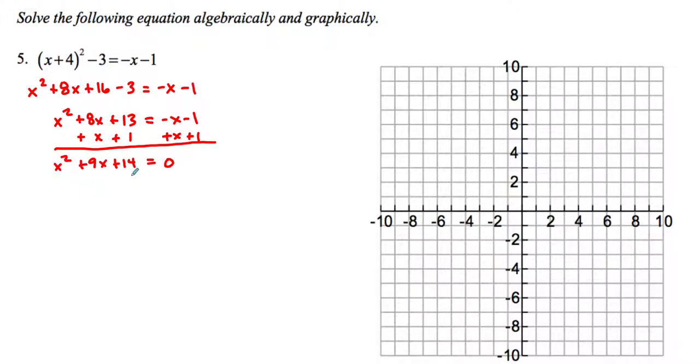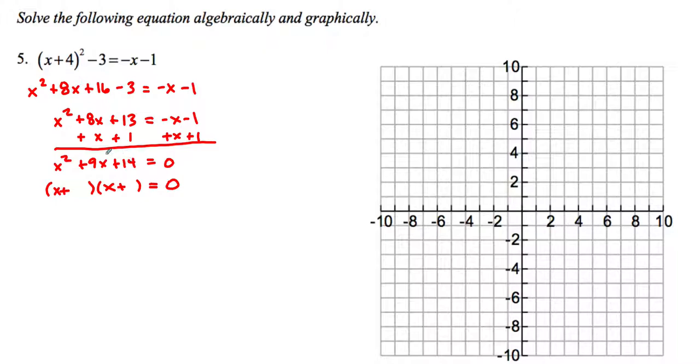We're going to look at this trinomial here. There are no common factors in it, so we're going to look to see if it factors into two binomials. So I'm going to set those up. This is an easier one because there's no coefficient in front of the x². So this is going to be x, this is going to be x. The signs are both going to be plus.